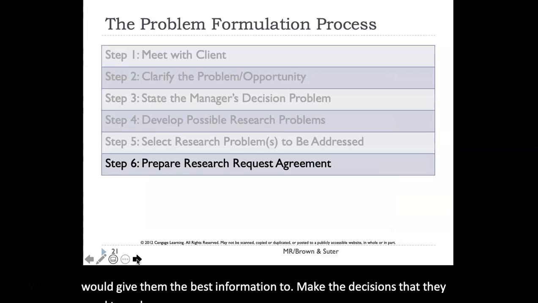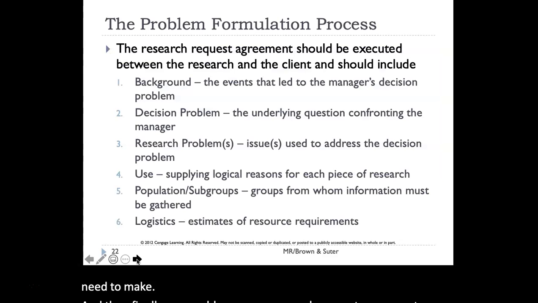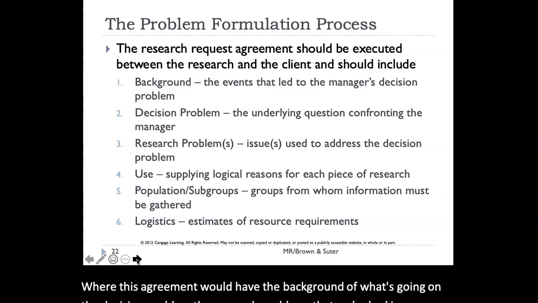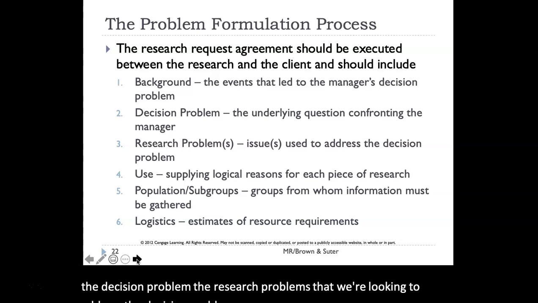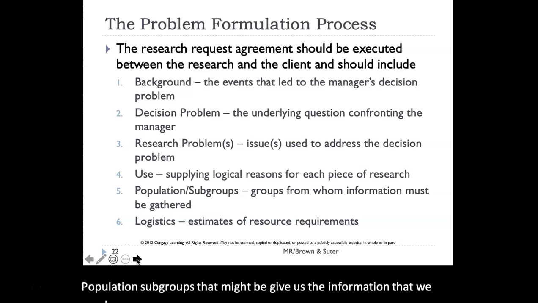And then finally, we would prepare a research request agreement, where this agreement would have the background of what's going on, the decision problem, the research problems that we're looking to address the decision problem with, the population and subgroups that might give us the information that we need, logistics.